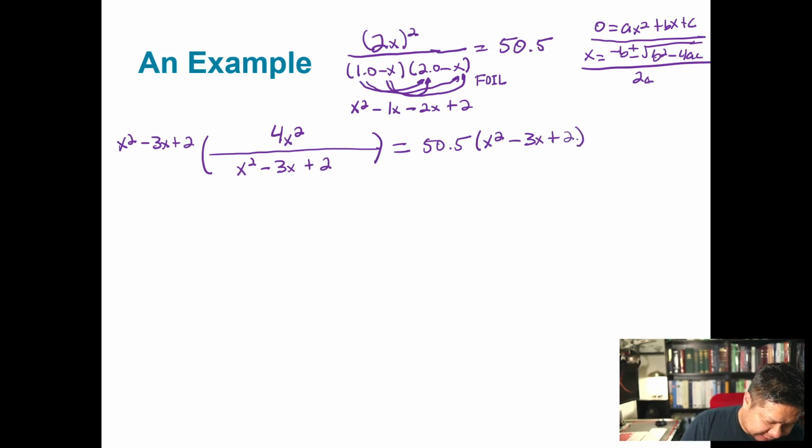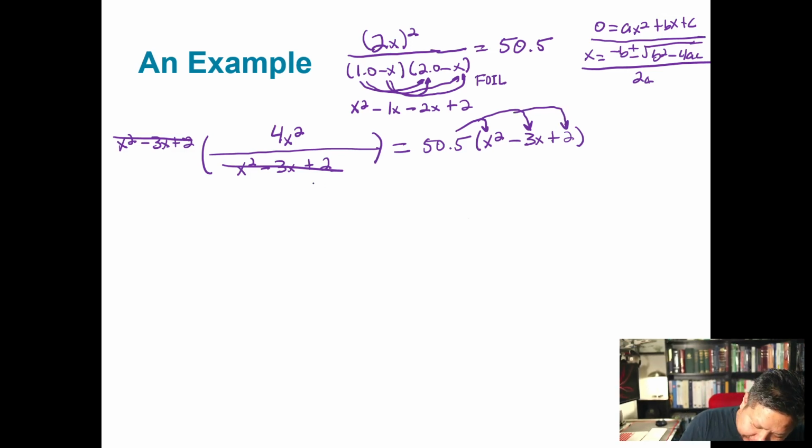Well, on the left side, that's easy because we have an x squared minus 3x plus 2 in the numerator multiplying the denominator, so they both cancel out, right? And then on the right side, we will go ahead and distribute the 50.5 to the x squared, then to the negative 3x, and then to the 2, right?